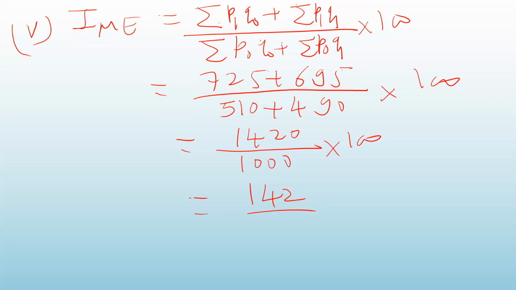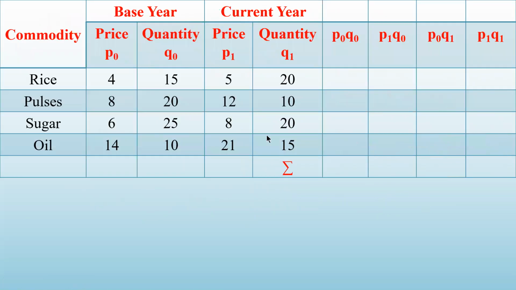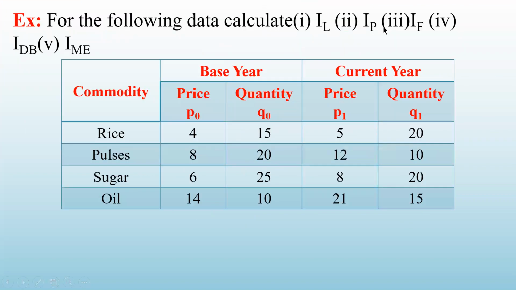So in this way, we have calculated IL, IP, IF, IDB, and IME for this particular problem. Basically, the first two are more important, IL and IP. Once you have calculated these, you get IF by multiplying and taking the square root.